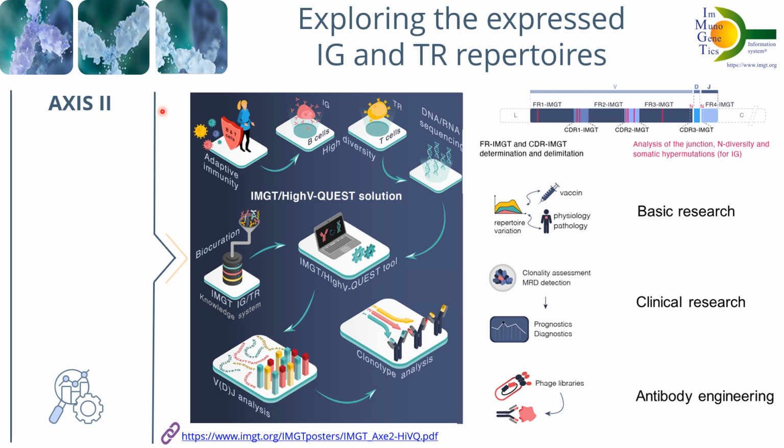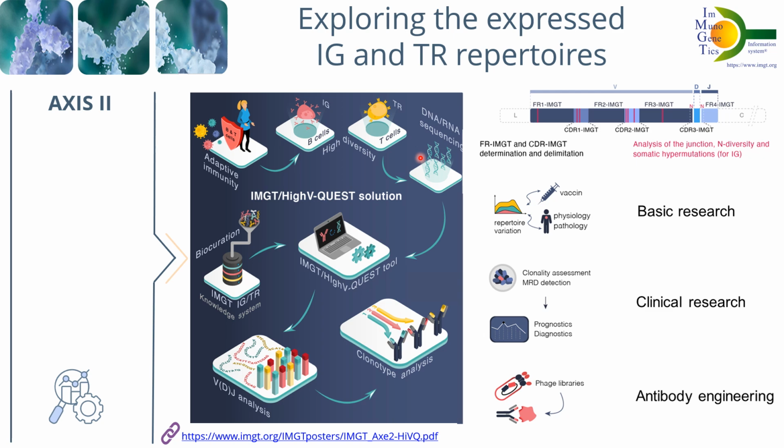We now turn to the second axis of R&D within IMGT, which focuses on exploring the expressed, this time, immunoglobulin and T-cell receptor repertoires. So basically, we are having a look at this poster once more. This is a schematic representation. As always, we are discussing the adaptive immune response. In this simplified upper part, we address rearranged DNA or RNA sequencing of Ig and TR.